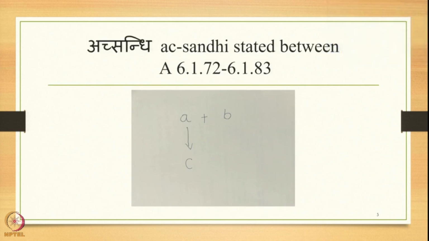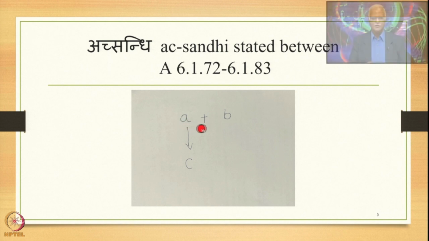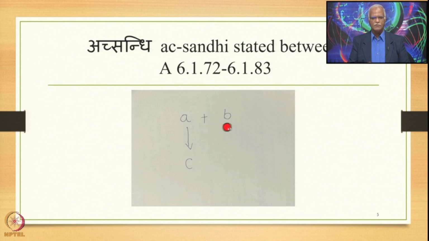The diagrammatic representation of ekasthanika ekadesha is as follows. Here you have A in close proximity with B, so you have A plus B. B is the right hand side environment and A is substituted by C. A plus B is the input and C plus B is the output.